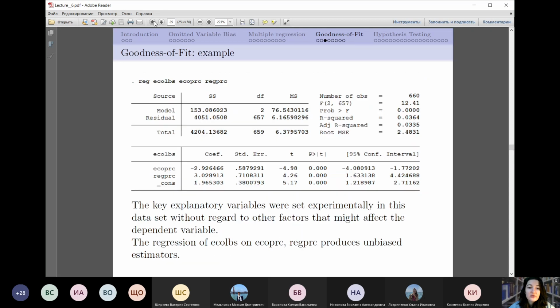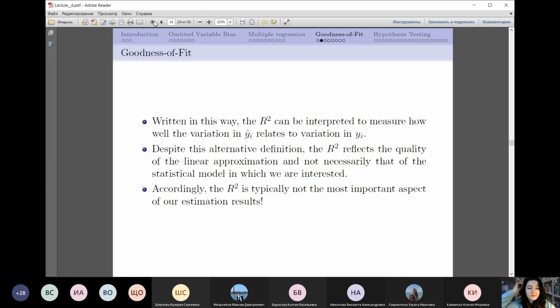I also want to note that when you compare several regressions and you use R squared or adjusted R squared, you need to remember that your dependent variable should be the same in these regressions. You can compare R squared and adjusted R squared only when your dependent variables are the same.